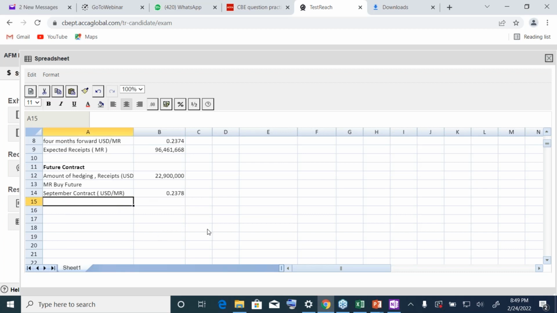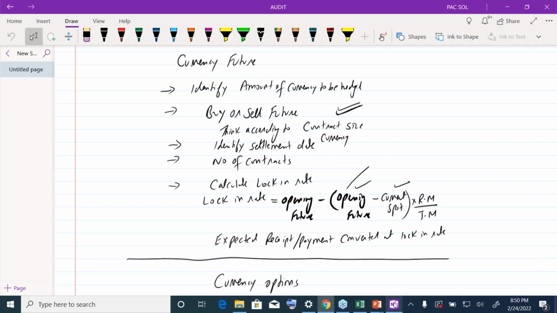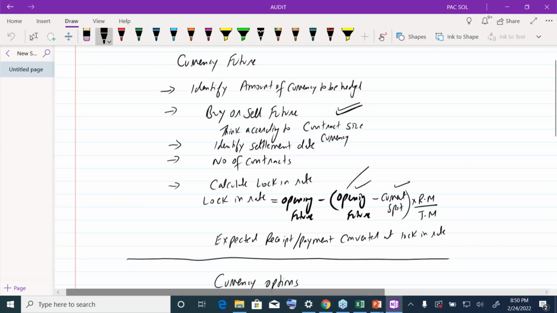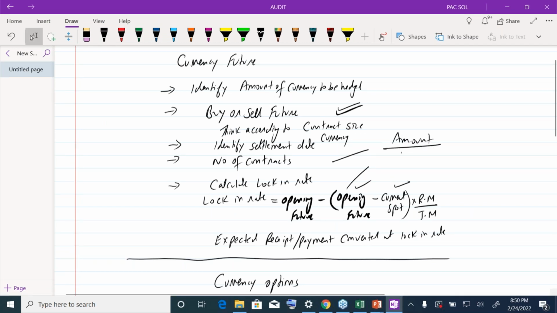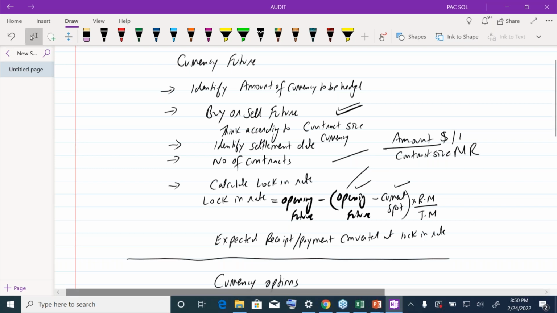Now calculate the number of contracts. The formula for number of contracts is amount divided by contract size. The amount is in dollars, and the contract size is in MR, so you have to convert the dollars using the future rate.